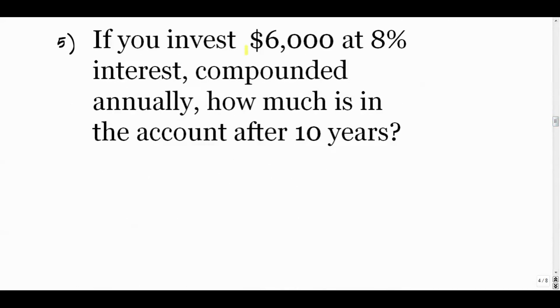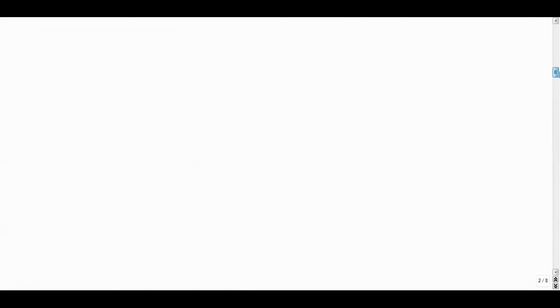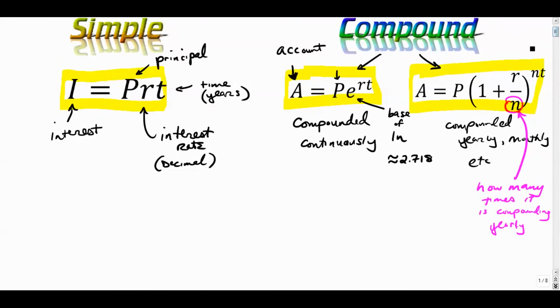All right, here we go. We see this word compounded, so that means we're going to use a different formula than simple. And I know that annually means that my n value is 1. Remember, your n value is how many times per year it compounds. So up here in my formulas, I had 2 compound formulas. This one on my right, we're going to use when we don't see the word continuous.